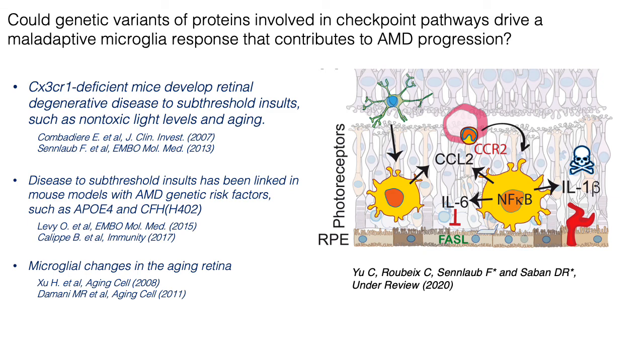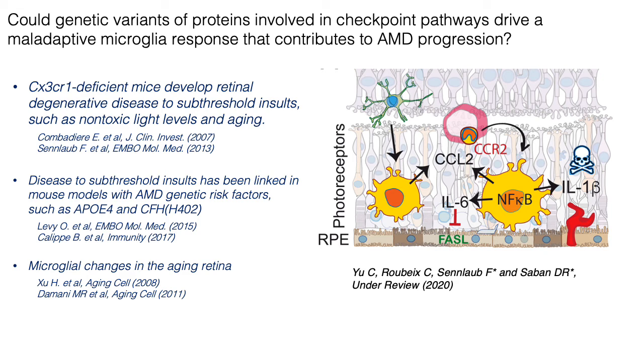So evidence from the latter, again, comes from the CX3CR1 deficient mice in acceleration of retinal degenerative disease progression. But also, interestingly, in subthreshold insults, such as advanced aging, as well as light exposure, which normally pigmented mice do not respond to in terms of degeneration.